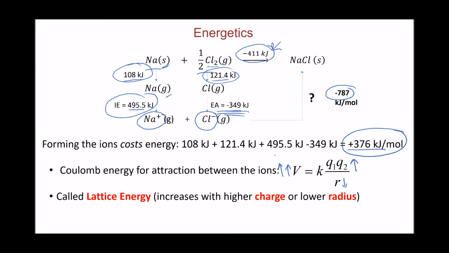And as we said, it increases with higher charge and lower radius for the ions. And that actually is the source of that huge amount of energy here. That is even enough to provide the needed amount of energy for the ionization to take place and produce an extra amount of energy out of the reaction overall.